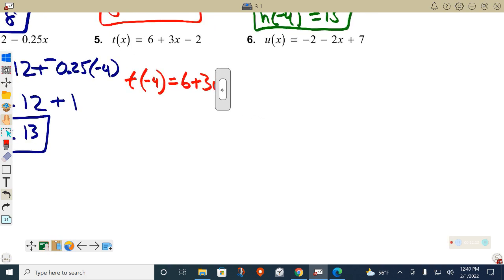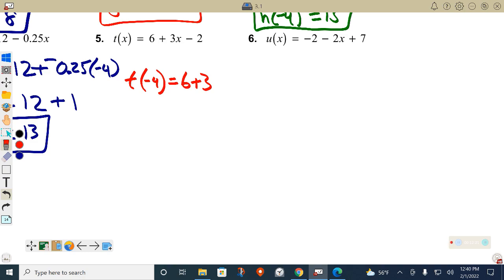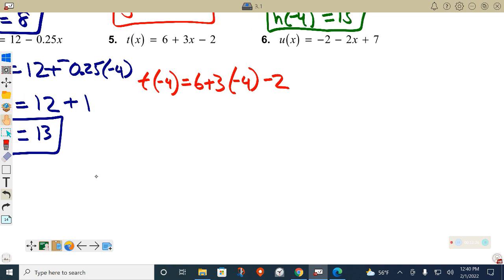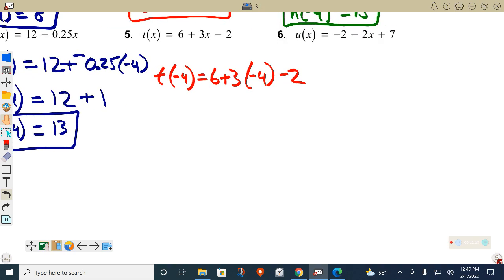Let me fix my chicken scratch. 3 times negative 4 minus 2. Sanchez, you with me? t at negative 4 is 6, I got a positive 3 times a negative 4, I want to say is a negative 12, minus 2.